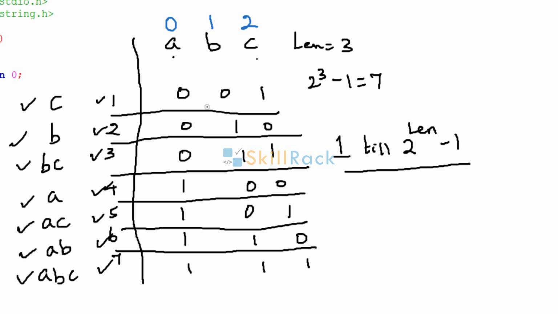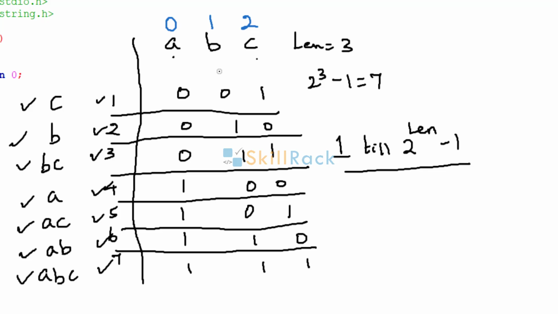In that integer value, wherever a set bit is there in the binary representation, consider the characters or the array element values in that position. If you consider all those array element values, then you will get all possible combinations finally. So this is how we can generate all possible combinations.